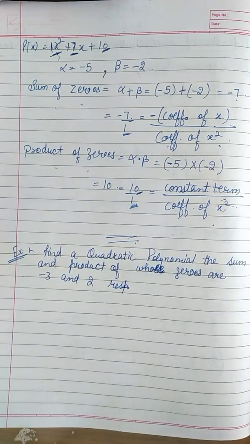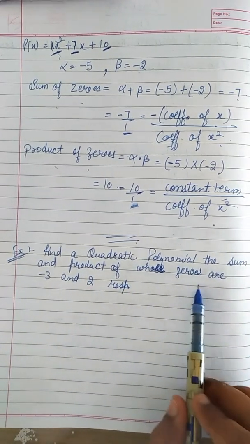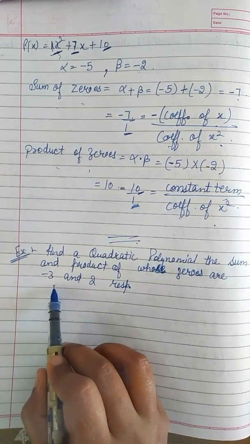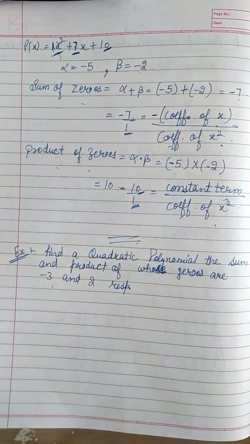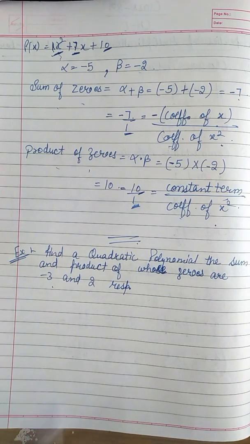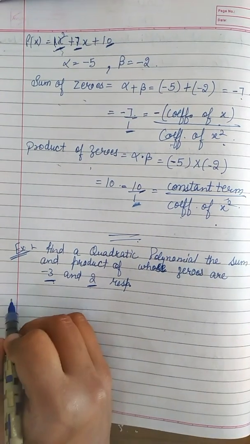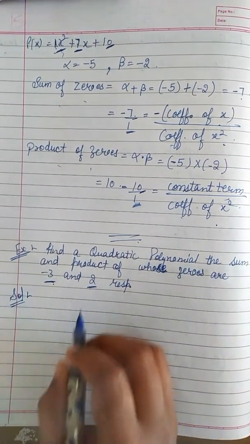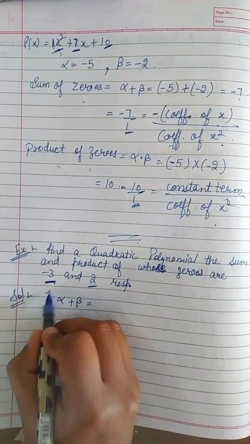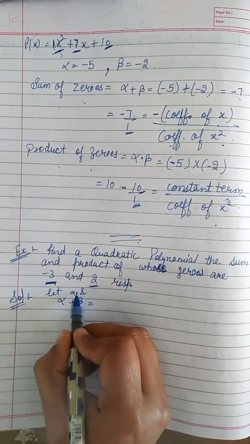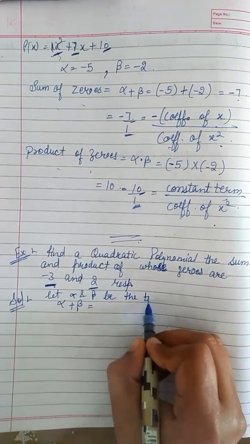The next question is, find a quadratic polynomial, the sum and product of whose zeros are minus 3 and 2 respectively. Now, in this question, we have to find the quadratic polynomial, and the sum and product of zeros is given. So solution: sum of two zeros is given. Let alpha and beta be the two zeros.